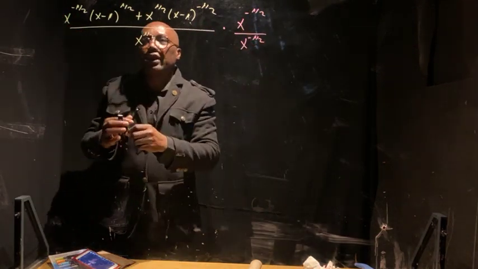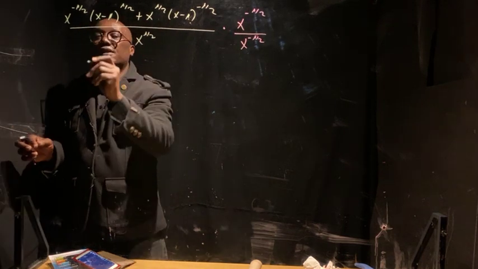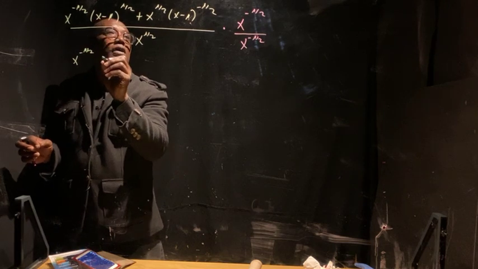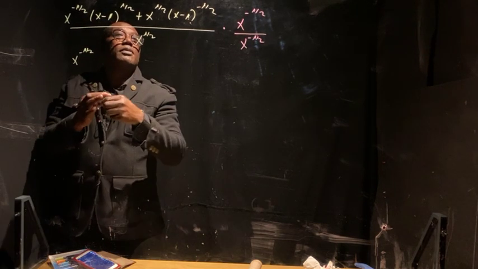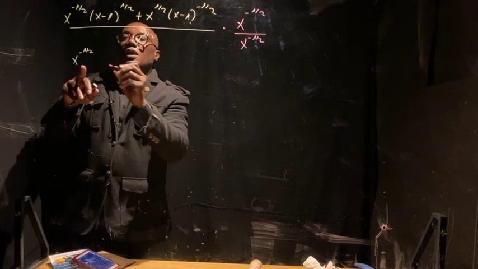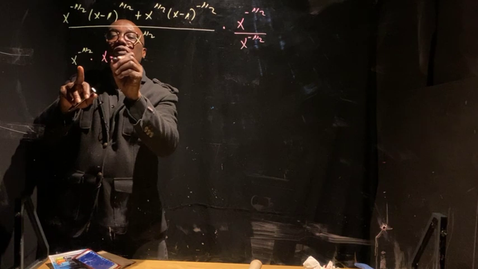Now, look at it. It becomes this one multiplied to this section. So it became x raised to the power negative half multiplied to this one, x raised to the power negative half.